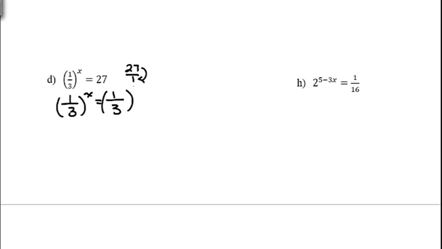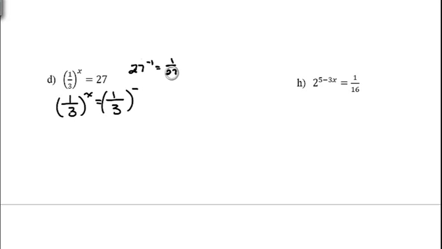The way we do that is to raise it to a negative power, which is going to take the 27 and flip it upside down. So 27 raised to the negative first is the same as 1 over 27.